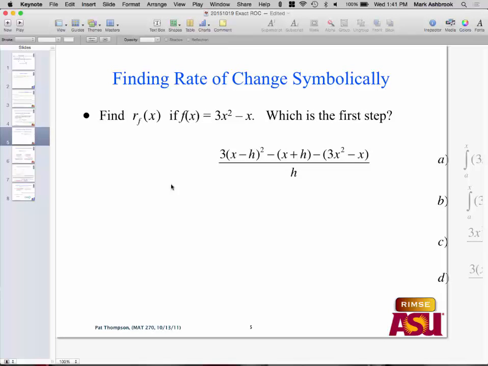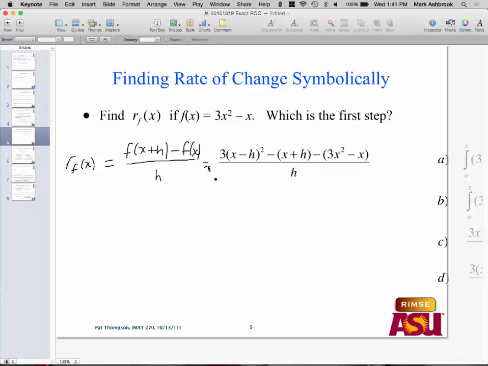Okay, so we know that our general form of the rate of change function is change in y over change in x.